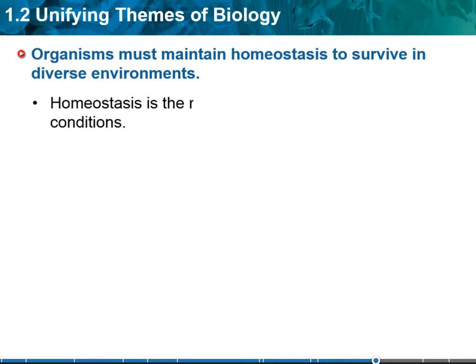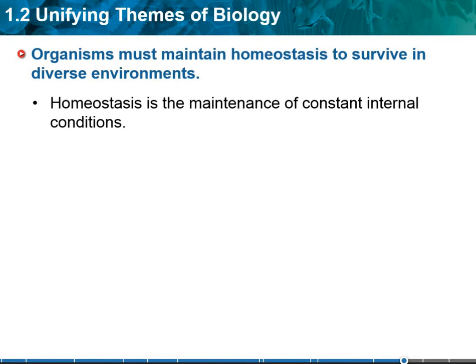Another thing that organisms need to do is maintain what's known as homeostasis. Homeostasis is the ability to maintain a constant internal condition. Basically, if I said we're going to go outside and run sprints, your body would maintain homeostasis so you don't get all out of whack and die.